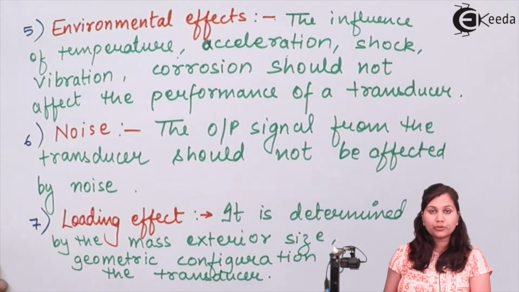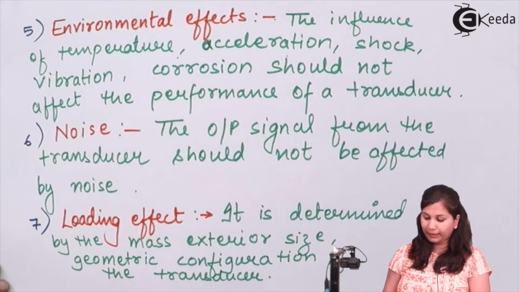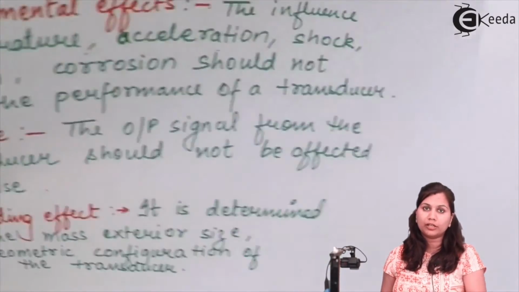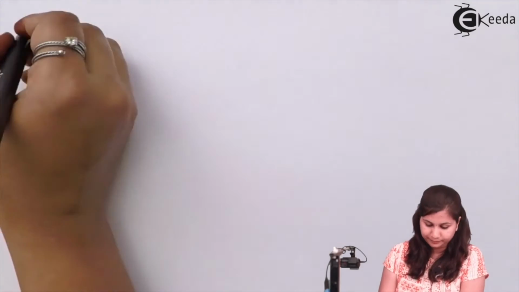For a transducer, the loading effect is determined by the mass, exterior size and the geometric configuration of the transducer. So a transducer should have a very small loading effect on the system in which it is used.